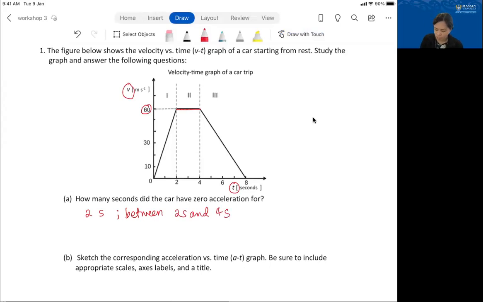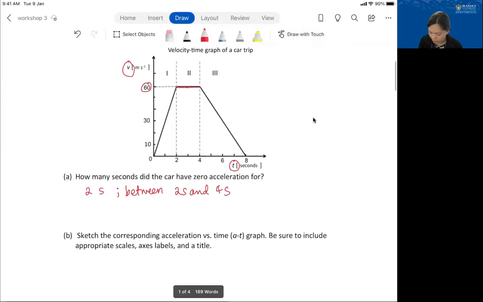Now, sketch the corresponding acceleration versus time graph. Be sure to include the labels and axes and title. We've been learning that if you have a velocity time graph, to get the acceleration, you need to figure out the slope of the velocity time graph. Looking here, you have 3 sections in your graph.